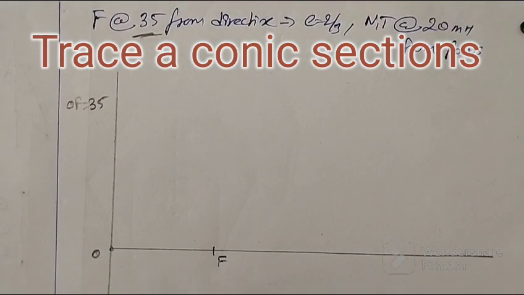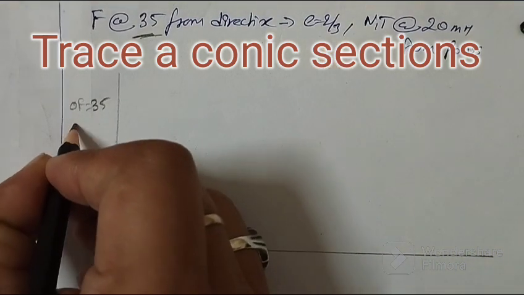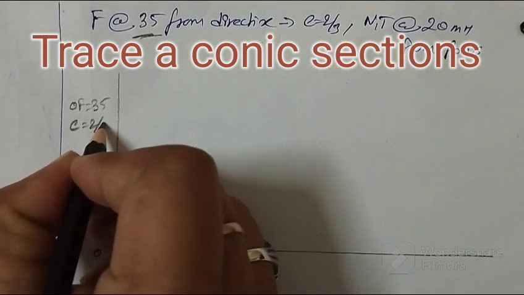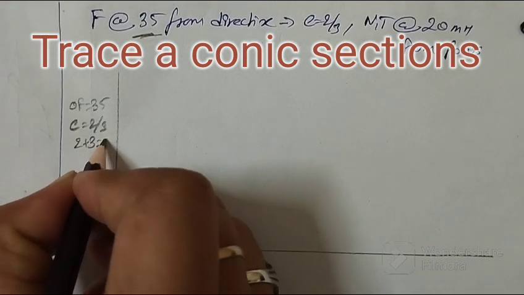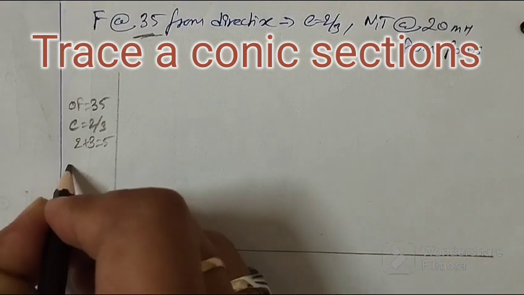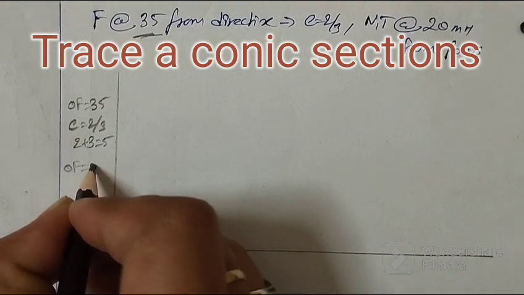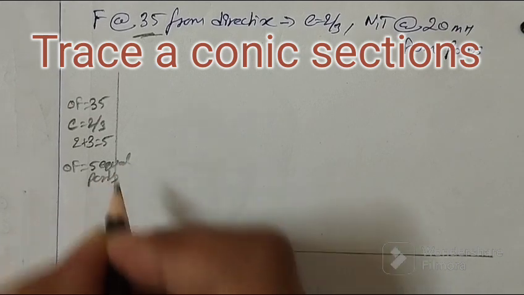Next, come to eccentricity. Eccentricity is 2/3. So E is 2/3. Now add them: 2 plus 3 is 5. Now divide OF into 5 equal parts.